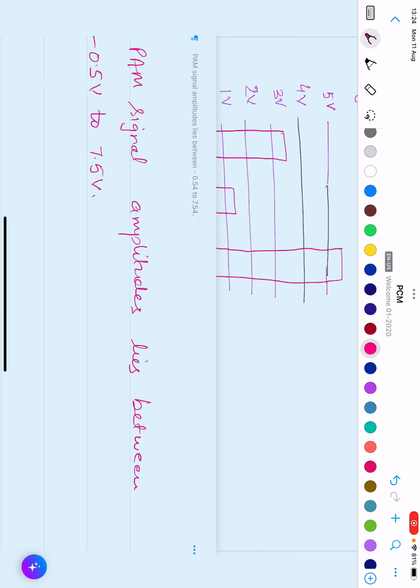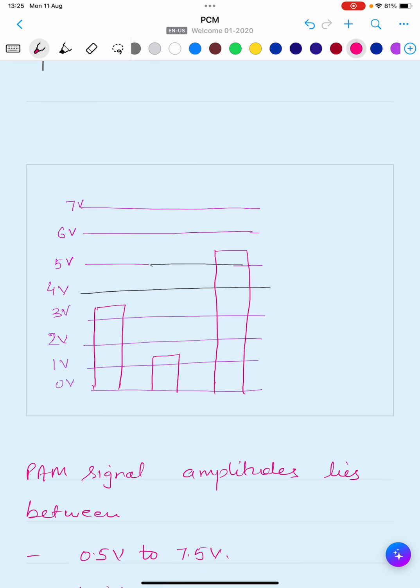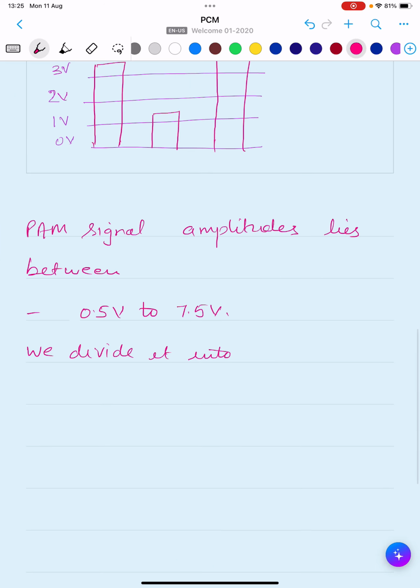And let's say we divide it into quantization levels, 8.